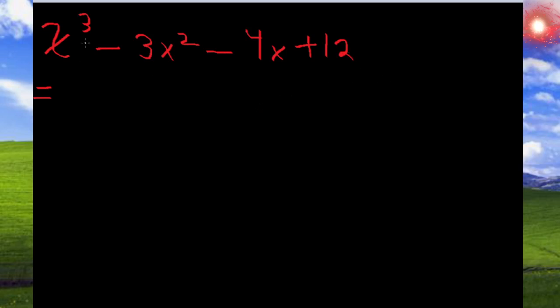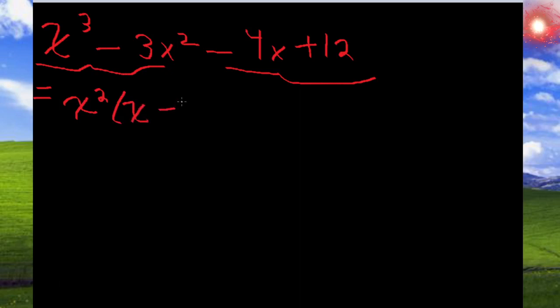Right away I'm seeing that these two kind of look similar, because I can factor out the x squared from this one, or factor out an x from this one. Factor out the x squared, you get x minus 3, and I factor out the negative 4 here, and I get x minus 3.